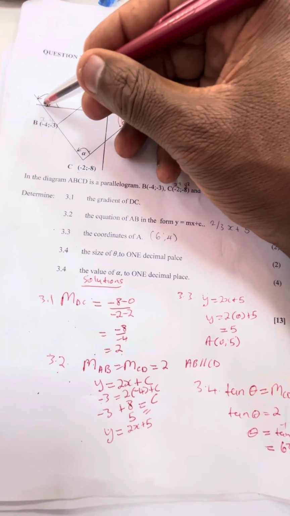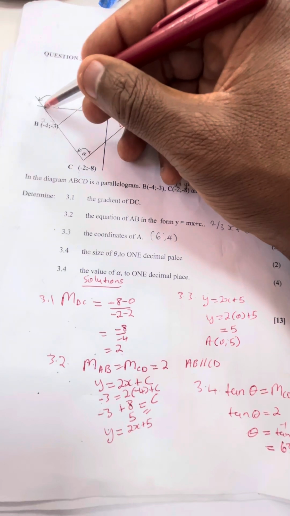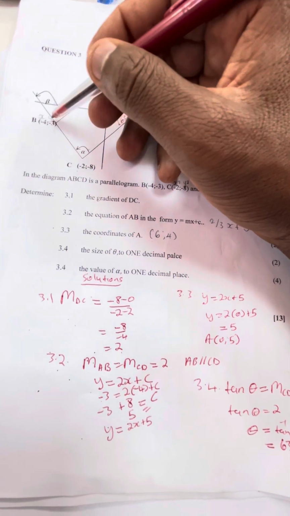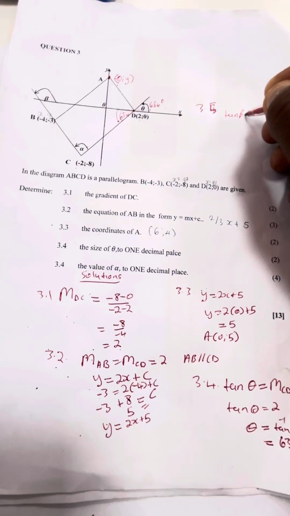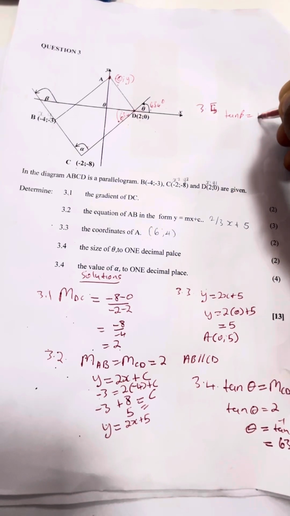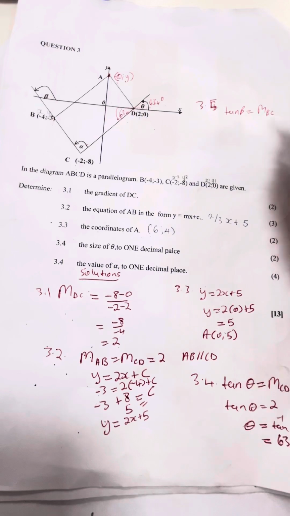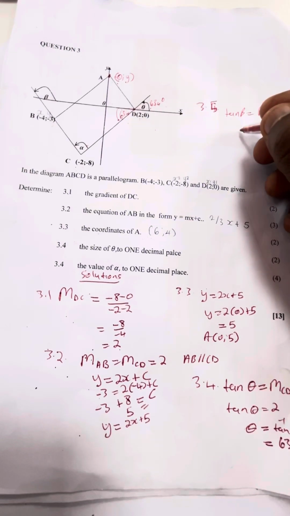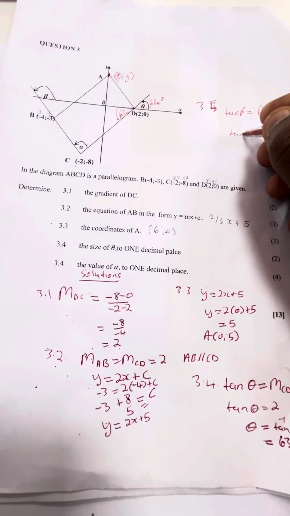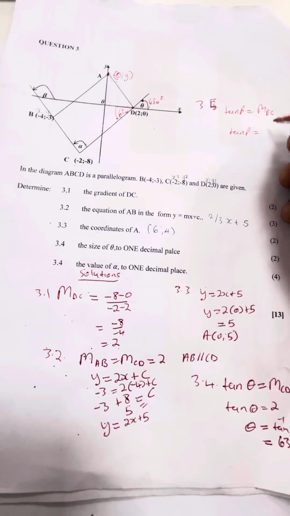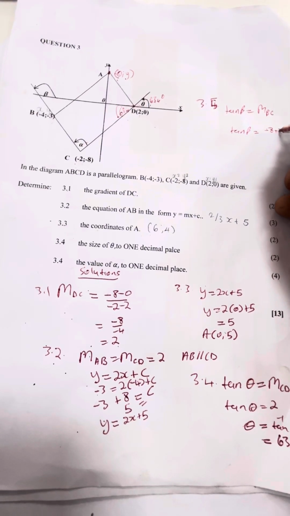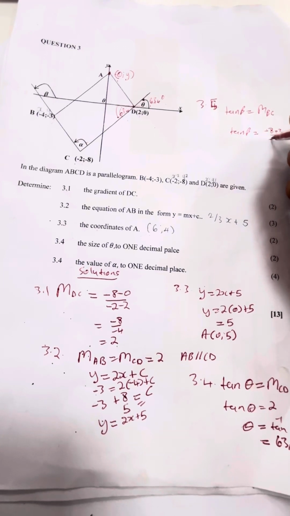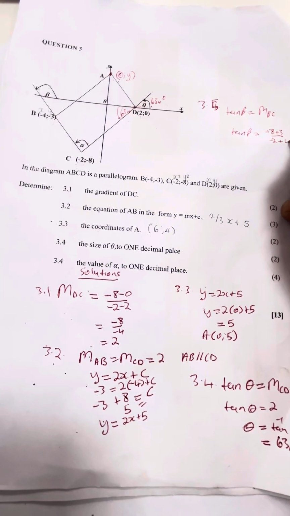Therefore, you need to determine beta. Beta is the angle of inclination of the line BC, right? So I'm going to say tan of beta is equal to the gradient of BC, okay? So tan beta is equal to negative 8 plus 3 divided by negative 2 plus 4.